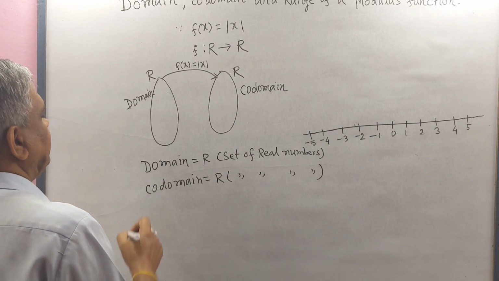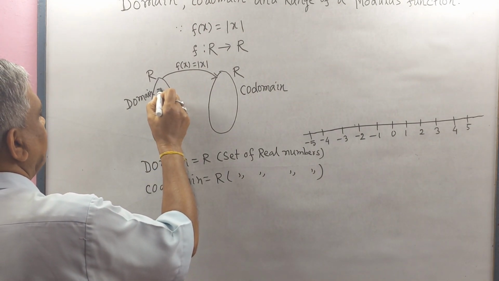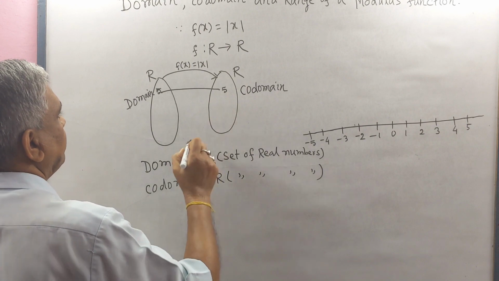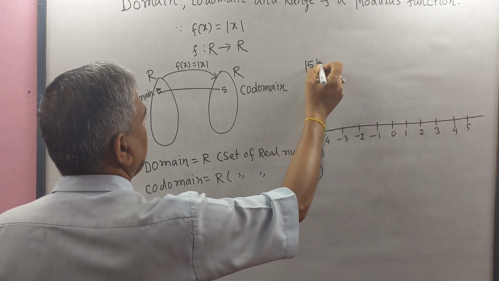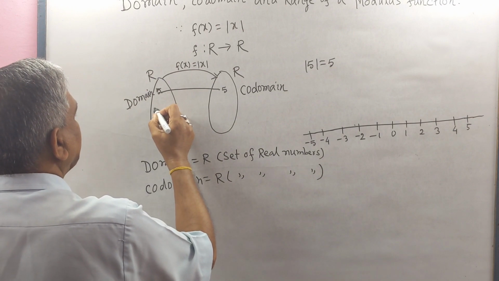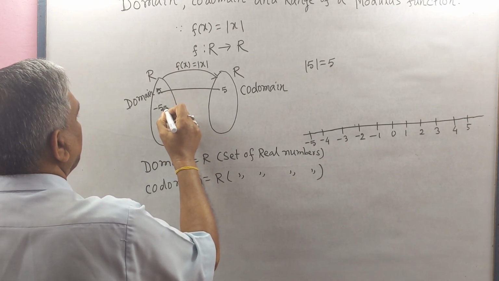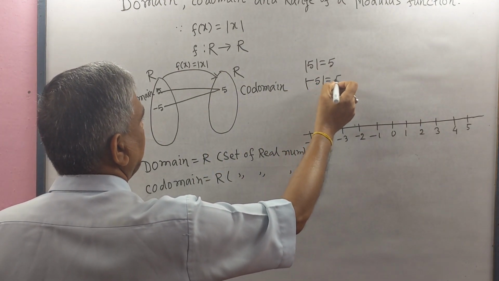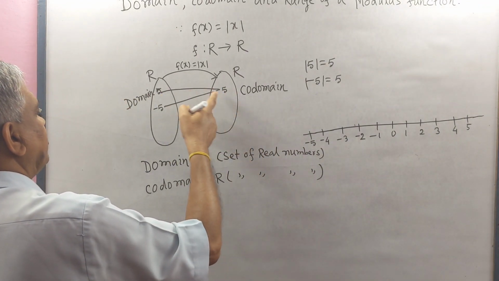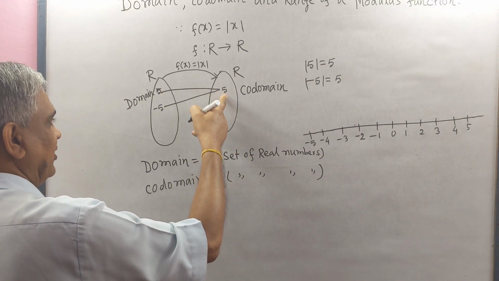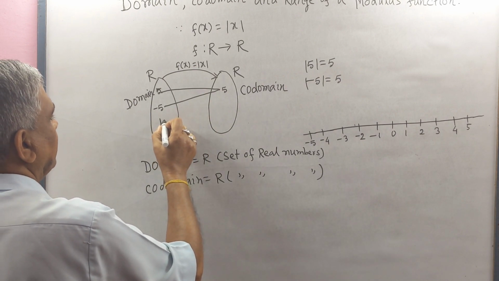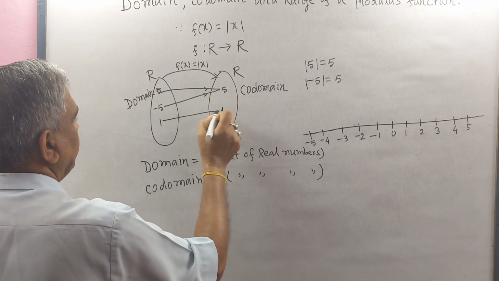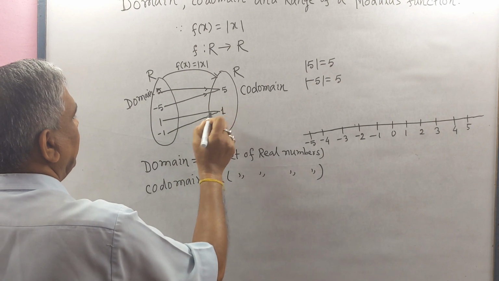Now we have to find the range. Here if we take 5, then its image is also 5, modulus of 5 equal to 5. If we take minus 5, modulus of minus 5 is also 5. So the image of 5 and minus 5 is 5. Similarly, if we take 1, its image is 1. If we take minus 1, its image is 1.